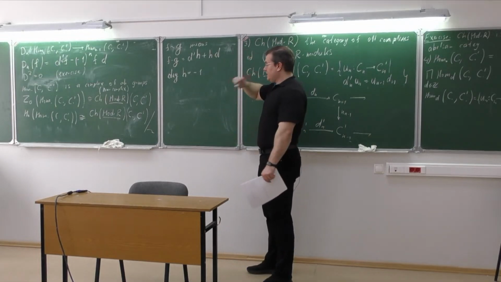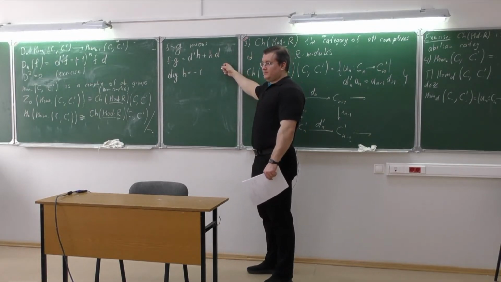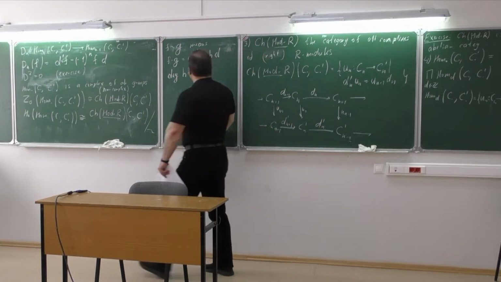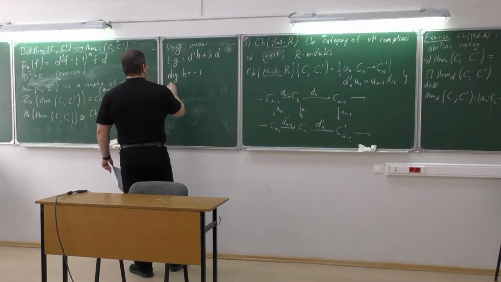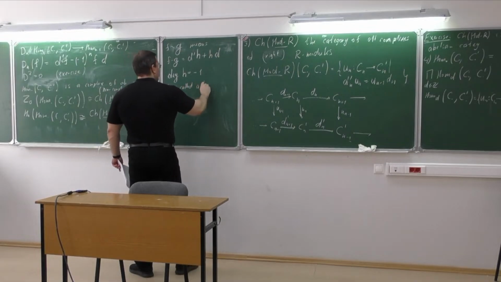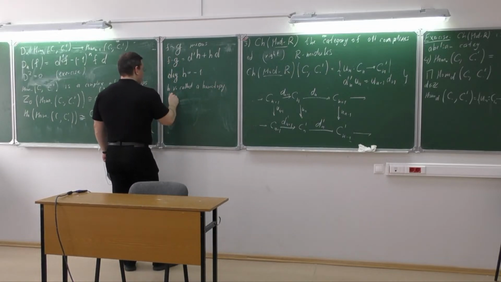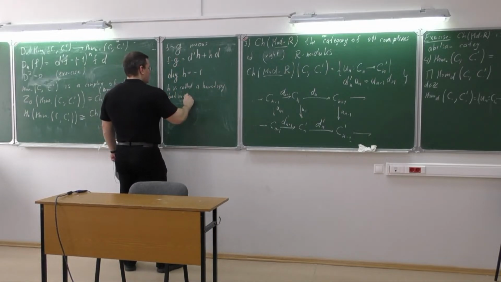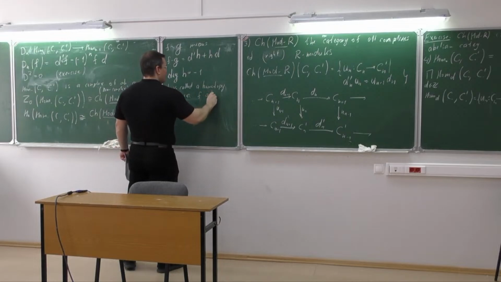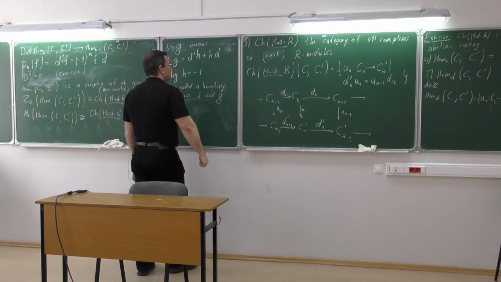Right, so this is what we just get from the definition. Now, in this case, this map h of degree -1 is called a homotopy between f and g.